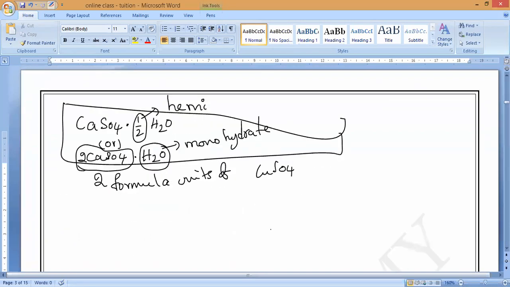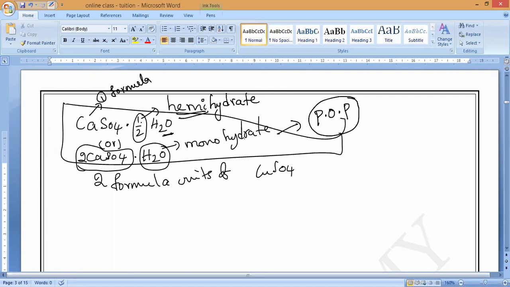Yeah, what 10 H2O? That is gypsum. I am saying POP, plaster of Paris. Here, one formula unit is sharing half an H2O molecule. That is why we should call it hemi-hydrate.